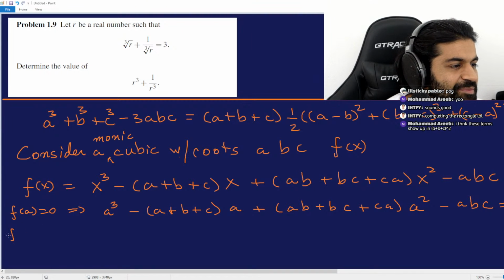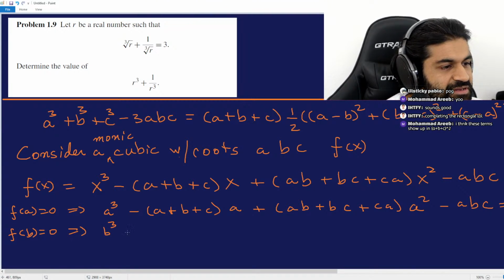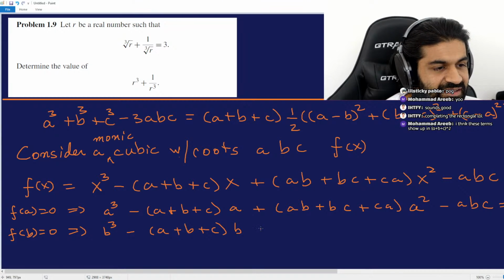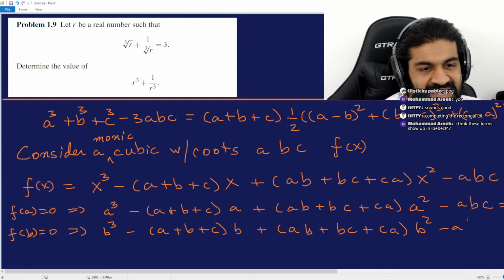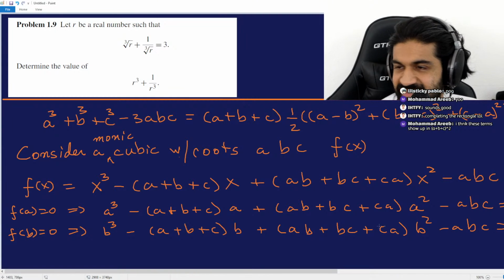Similarly, f of b being 0 tells you that b cubed minus (a plus b plus c) times b squared plus (ab plus bc plus ca) times b minus abc is also equal to 0, right?